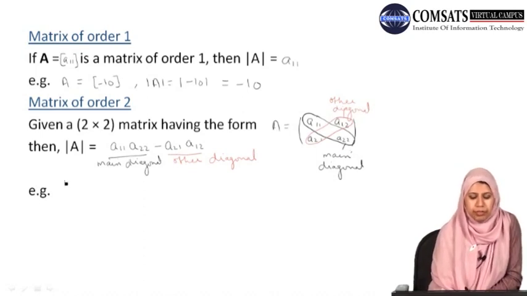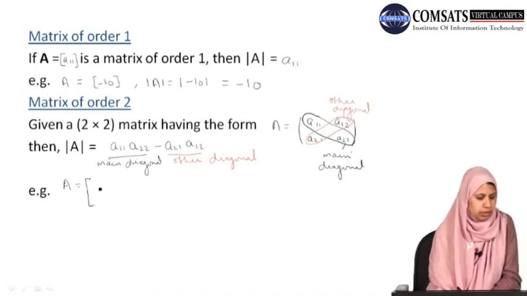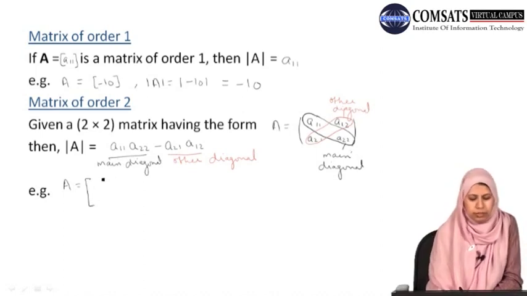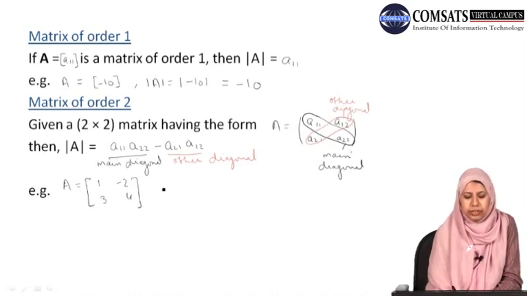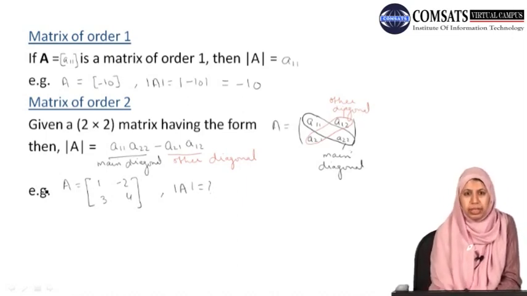For example, if we have a matrix A given as 1, -2, 3 and 4, and we are interested in knowing the determinant of this matrix, then we simply apply the formula. The formula says that first we take the product of the main diagonal.